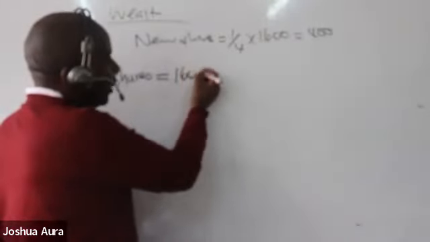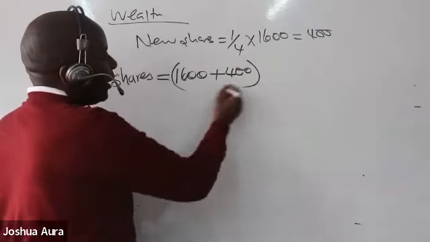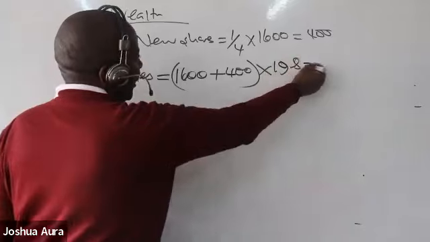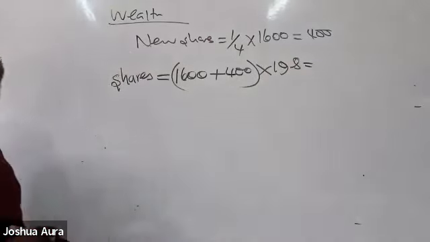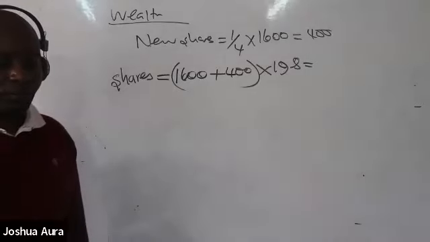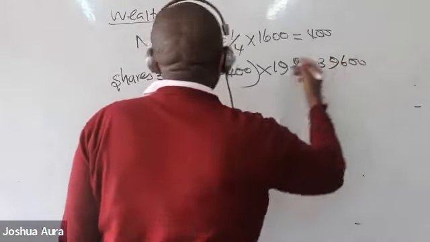He has 1,600 plus 400, isn't it? We multiply this with 19.8, which will give us $39,600.